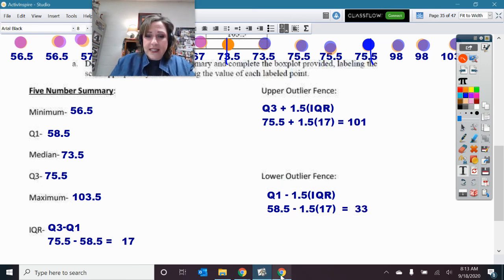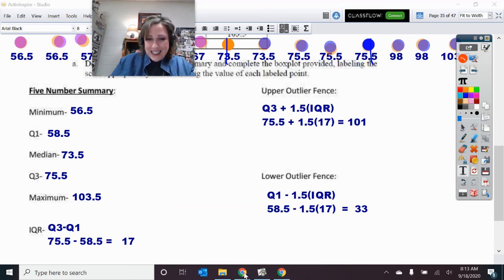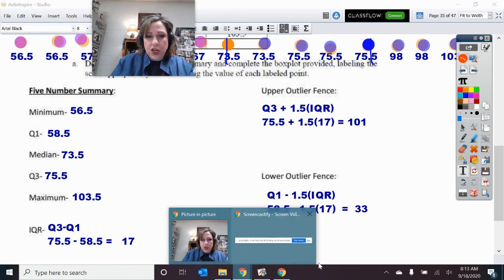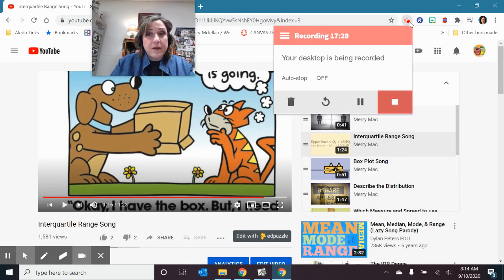All right, so we have identified our outlier fences. Now we want to put this all together. Let me pause this for just a second and take care of something here, and then we'll come back. We have a song for how to do all of our plotting of our box plot, and then we'll come together in just a minute and actually graph that data set.